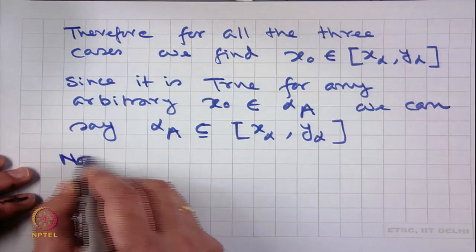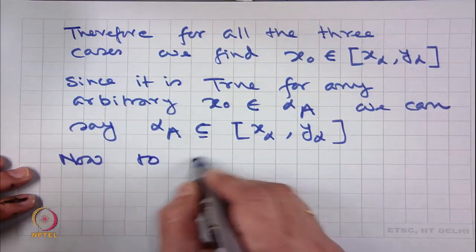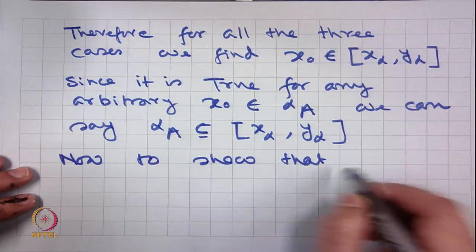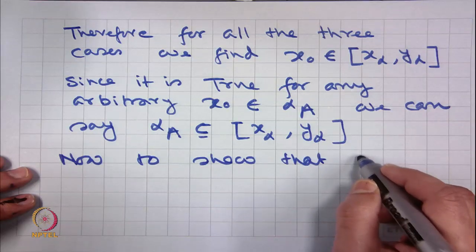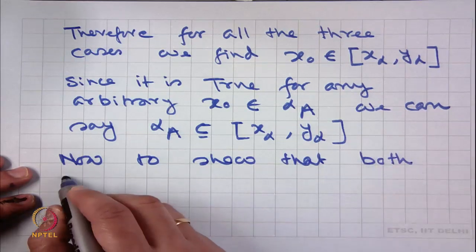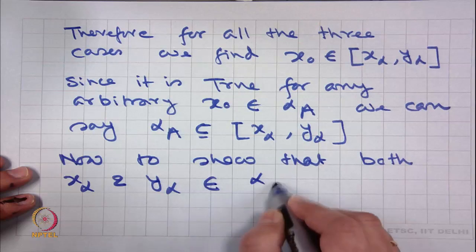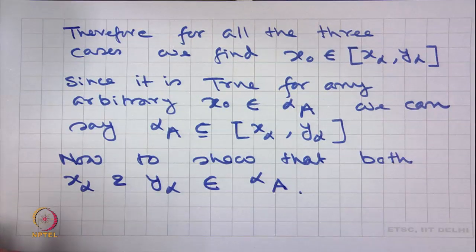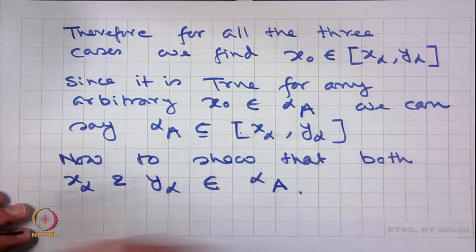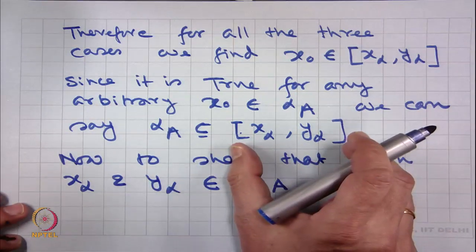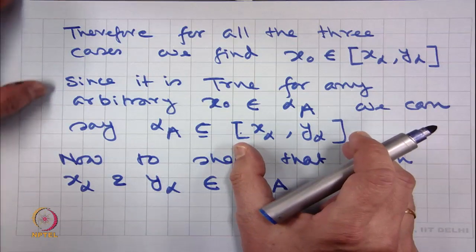Now, to show that both x alpha and y alpha belong to alpha cut of A, that will ensure that the two boundary points x alpha and y alpha also belong to the set alpha cut, and therefore, the alpha cut of A is actually the closed interval x alpha to y alpha.